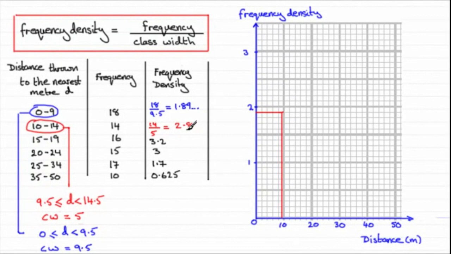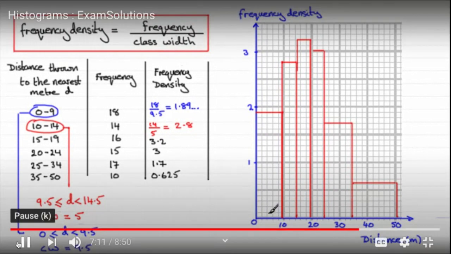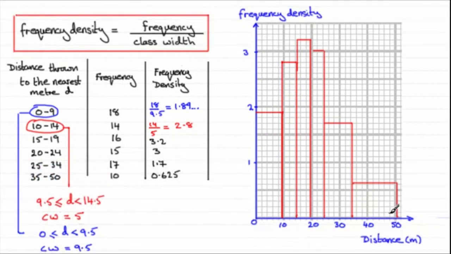You can get these bars with different widths, but you must make sure that they join to one another because you're dealing with continuous data. Another point worth noting is that if you rearrange this equation for frequency, multiplying both sides by the class width, frequency would be frequency density times class width.